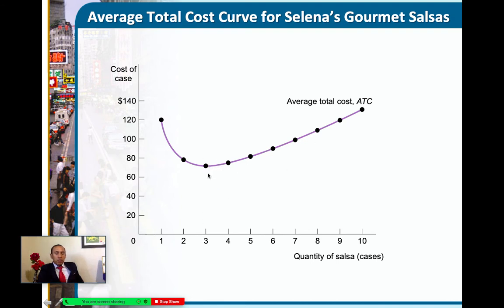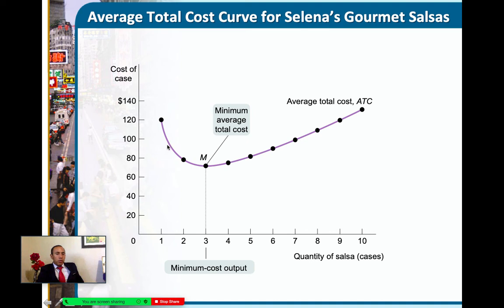So this is often referred to as the minimum cost output, the minimum average cost point, at which you're minimizing your cost on average. On average, 3 units minimizes your cost of production, or 3 cases of salsa here give you the lowest cost on average. So you can produce 3 cases of salsa at the lowest average cost of operation if you choose to.